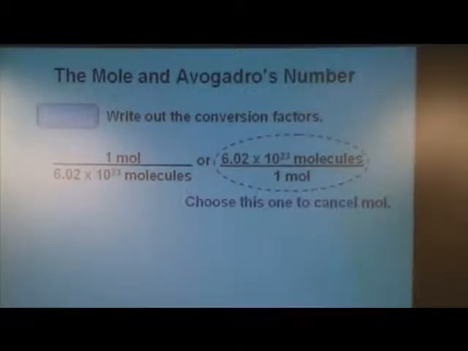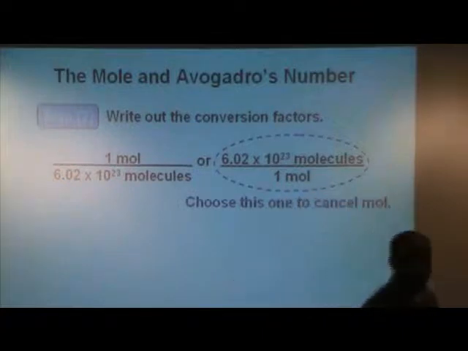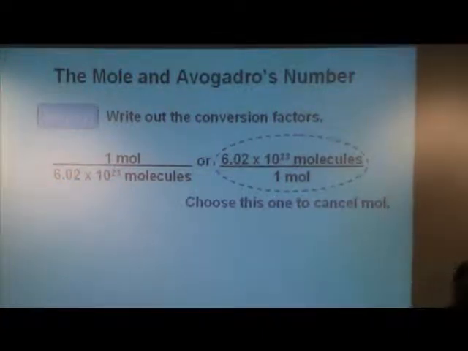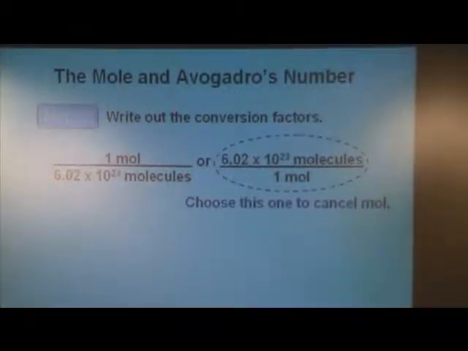Write out the conversion factors. So 1 mole equals 6.02 times 10 to the power of 23, and 5 moles is going to be 5 times 6.02 times 10 to the power of 23. Oh, so you don't have to look for the mass? No. We're looking for the molecules. No, we don't need that. Does that make sense? Yeah. Okay. Thank you.